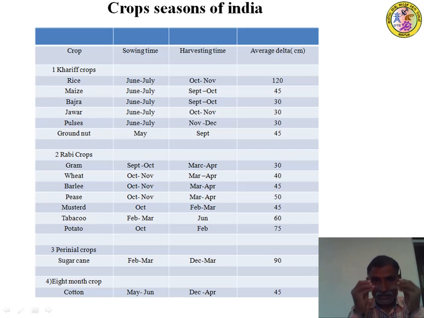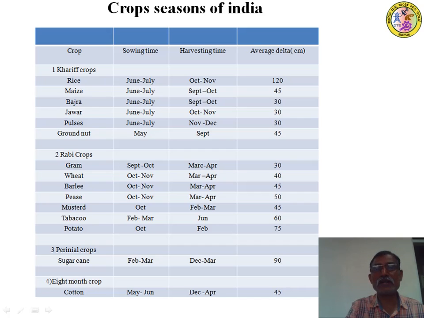Yes. Seasons of India. Crop seasons in India are, look at this table: Kharif season, Rabi season, perennial crops, right? Once again, the Kharif crops are rice, maize, bajra, jowar, pulses, groundnut, etc. Sowing time is almost June to July, except groundnut may be grown in May, right? The harvesting time for the Kharif season is usually October to November, September to October.